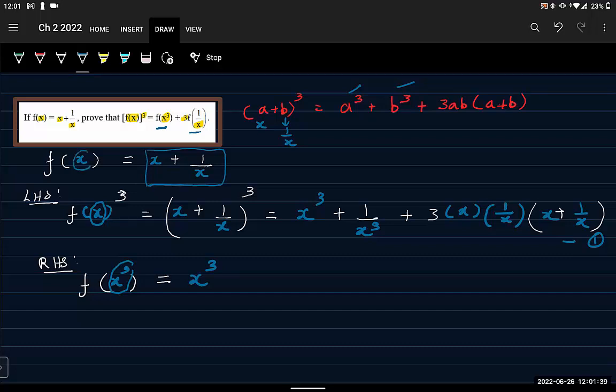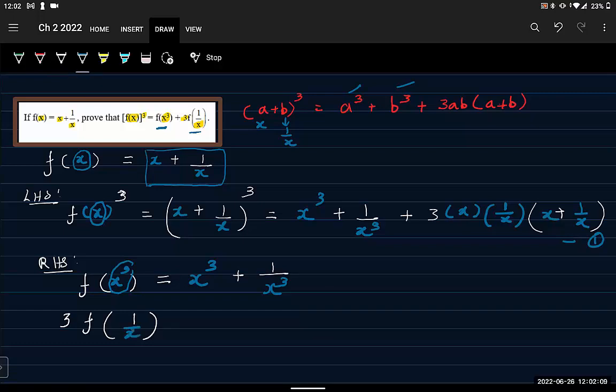Initially, we had x inside the bracket. Now we are having x cube inside the bracket. So wherever we'll find x, we'll write x cube. Okay, x cube plus 1 upon, again we found x, so we'll write x cube. Now, next, the second term given over here is 3 times f of 1 by x.